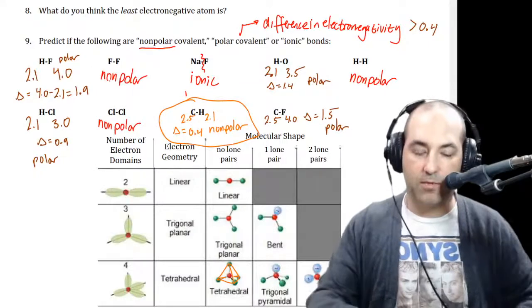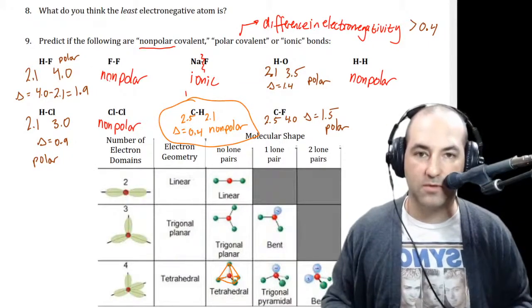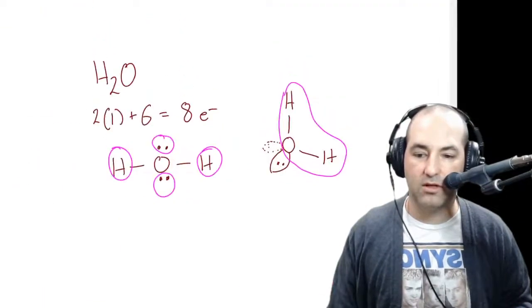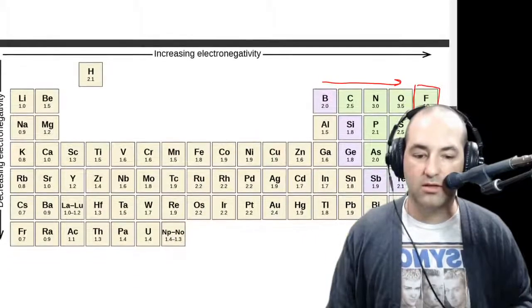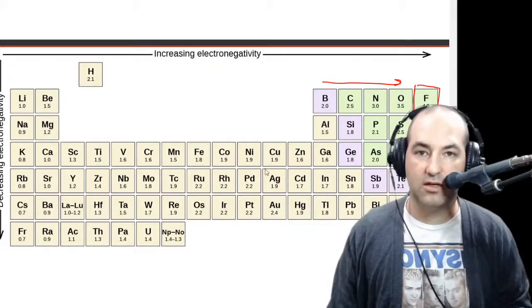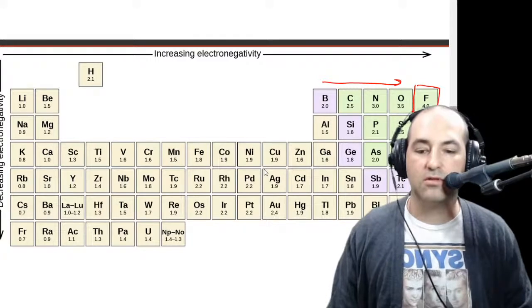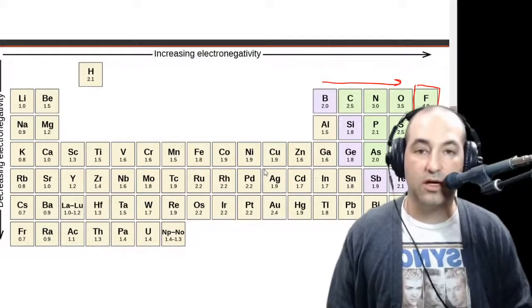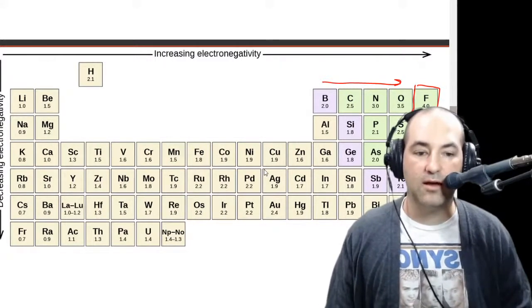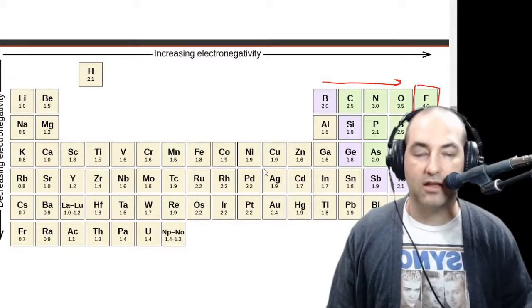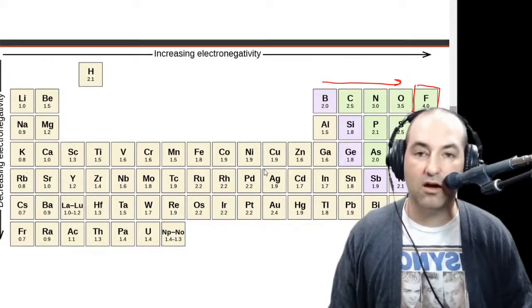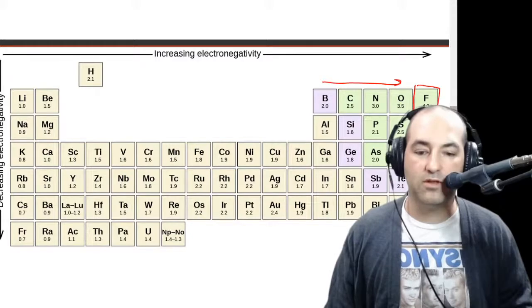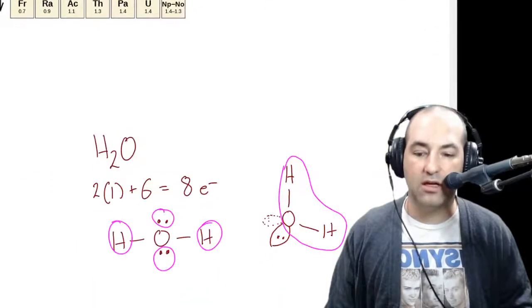All right, so there's a couple different concepts with regard to polarity that you need to know. One is this idea of electronegativity, that some atoms naturally have this property called electronegativity, which means that they tend to attract electron density in a covalent bond. So all of this only matters in covalent bonds.